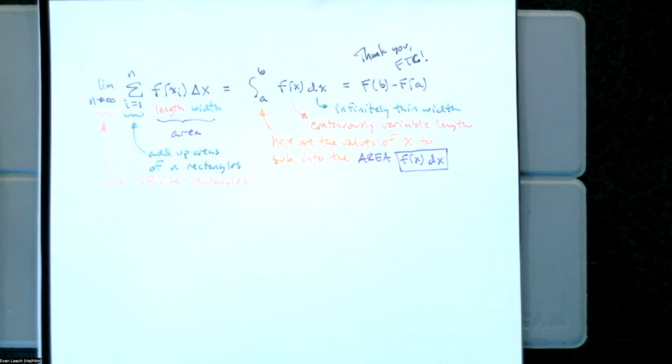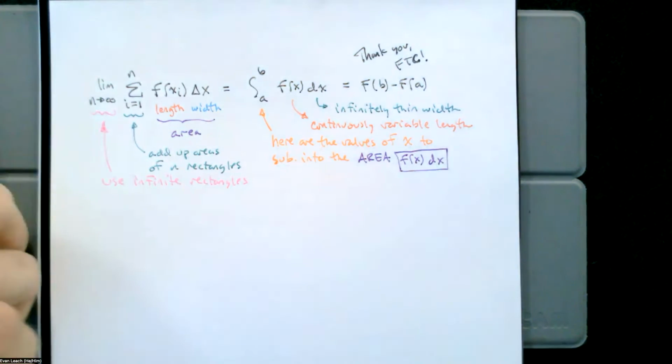Which means we're going to have a function of x and y, which means we're going to need a bunch of x's and a bunch of y's to plug into the expression. So we're doing the same thing.